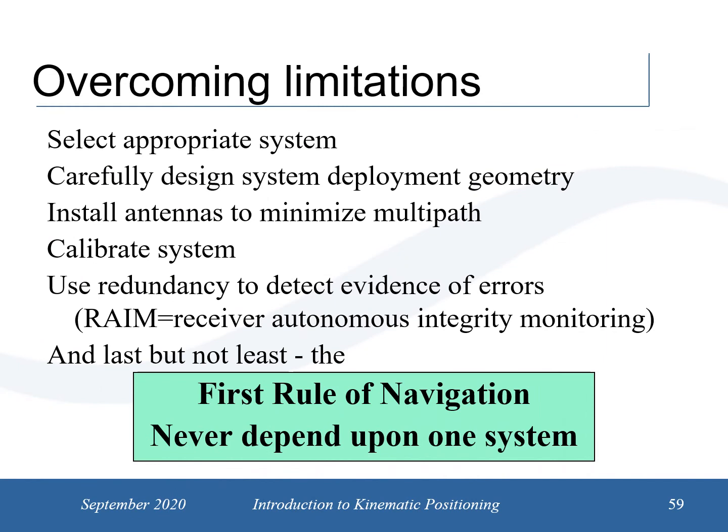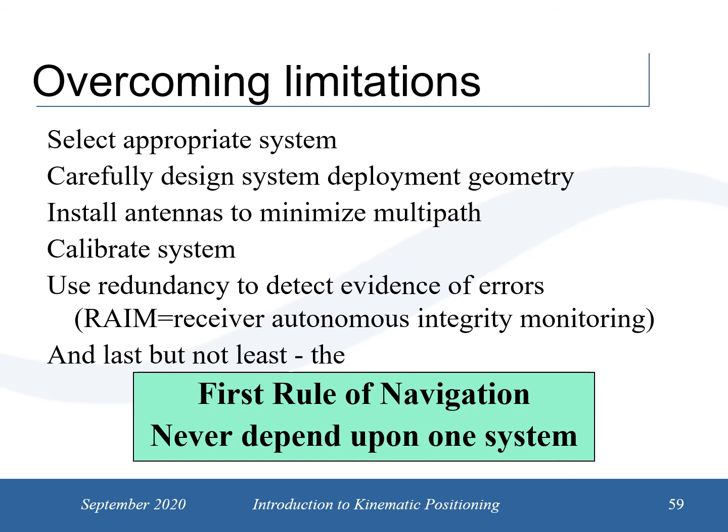How do you overcome limitations? We have to select the appropriate system. We have to design the system deployment in such a way that it has a favorable geometry. We have to install the antennas in such a way that they minimize the multipath. We have to calibrate systems.